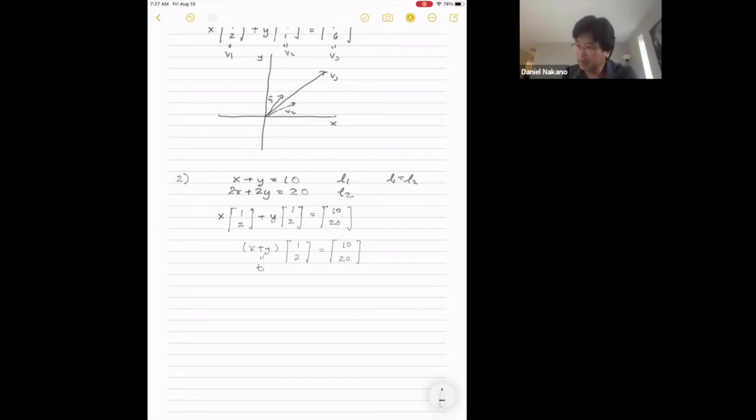So t equals 10, and that means that x plus y has to be 10. So there are infinitely many points x and y which satisfy this equation, right? Because we only have to stretch in one direction, we get infinitely many solutions.